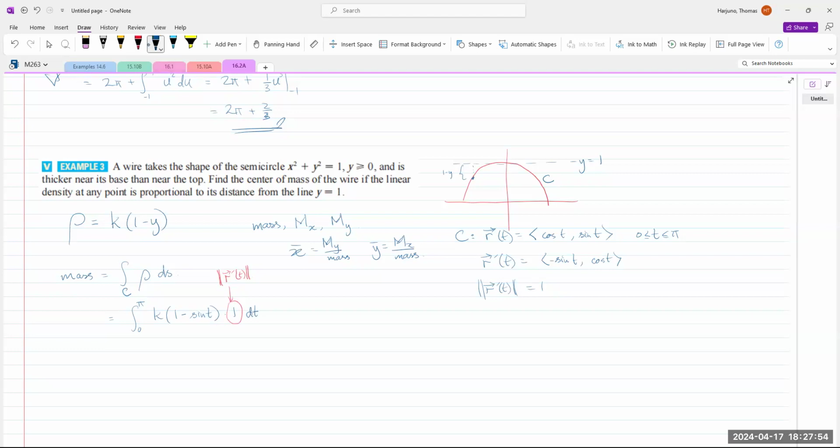Okay, now how to integrate that? That is the integral from 0 to pi of k dt minus k times the integral from 0 to pi of sine t dt.